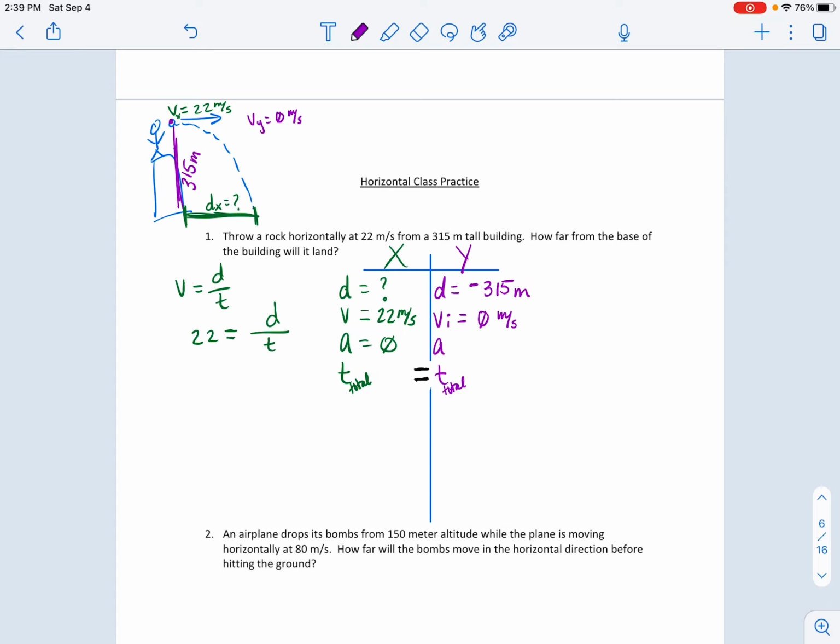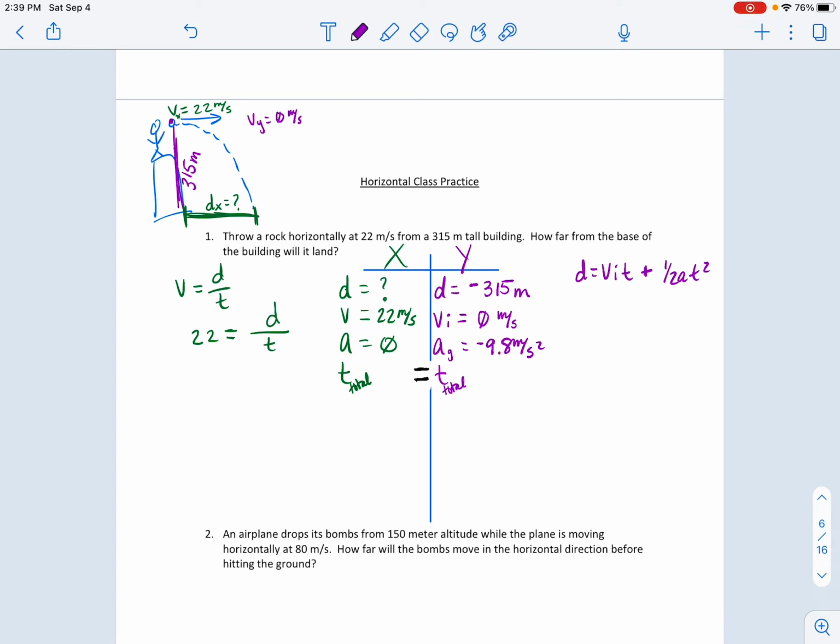In the vertical direction, we always have our acceleration due to gravity. So my acceleration is negative 9.8 meters per second squared. So now that I have all of my variables, I'm going to go to my list of equations. I'm looking for time. I have d, vi, and a. And so that leads me to d equals vit plus 1/2 at squared.